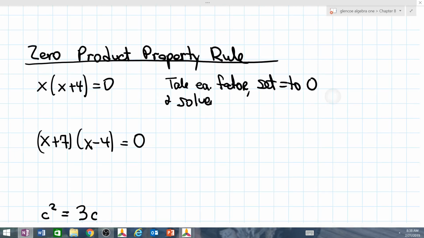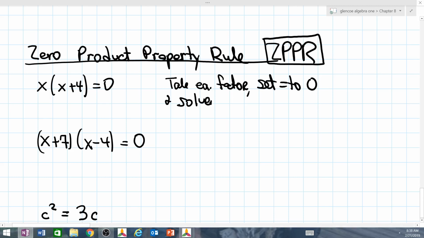The zero product property rule from today and forever will be referred to as zipper. Zipper. And what this is saying is, in order for you to multiply 2 things together and get the answer, or the product, equal to 0, then one of those must be equal to 0.